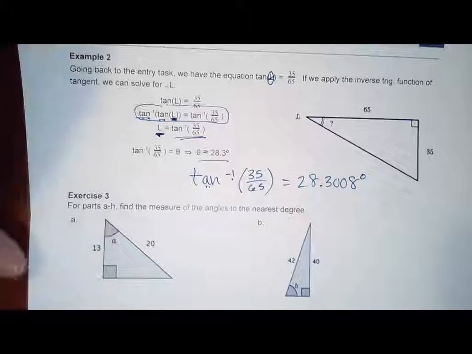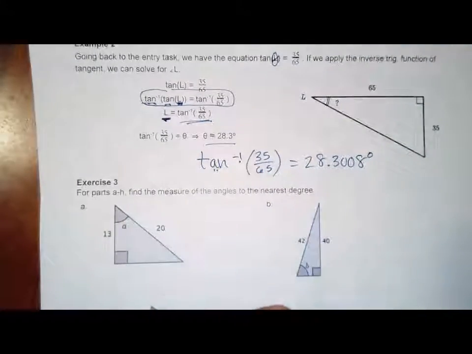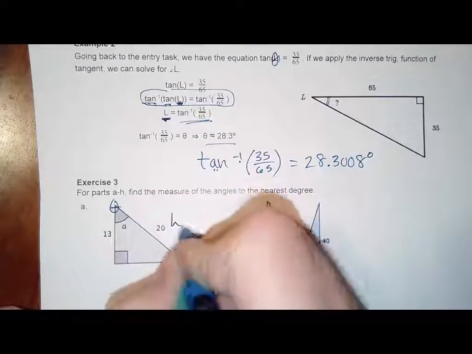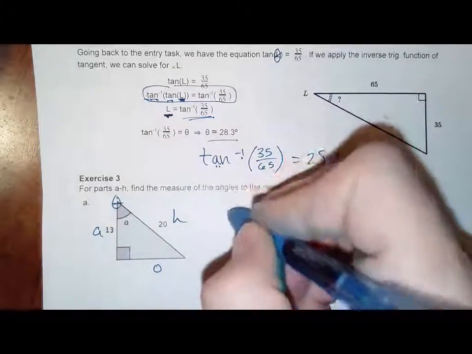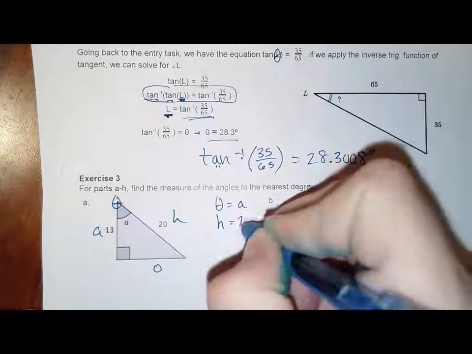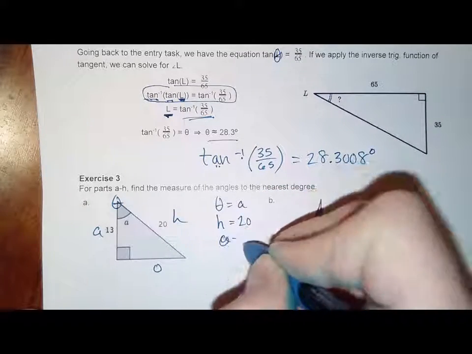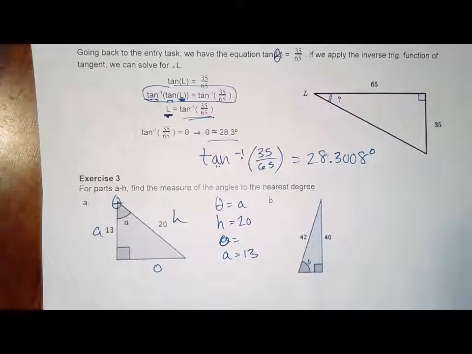We still will use the same 3 initial steps. Step 1, label. Step 2, list. And then fill in the blank.